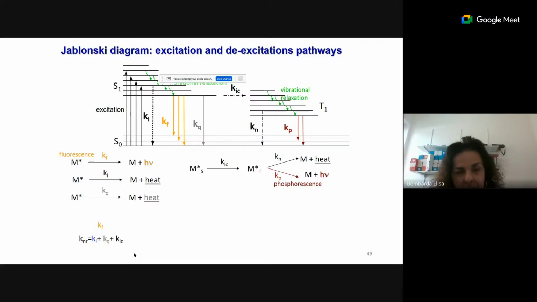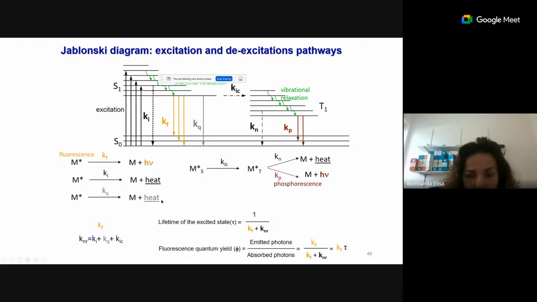So coming back to the Jablonski diagram that we have already seen. Here, for example, I show you, yes, the orange is our fluorescence signal, as we see. So the only one with the emission of a photon. Then we have all the other different pathways, different types of quenching, internal conversion, and so on.